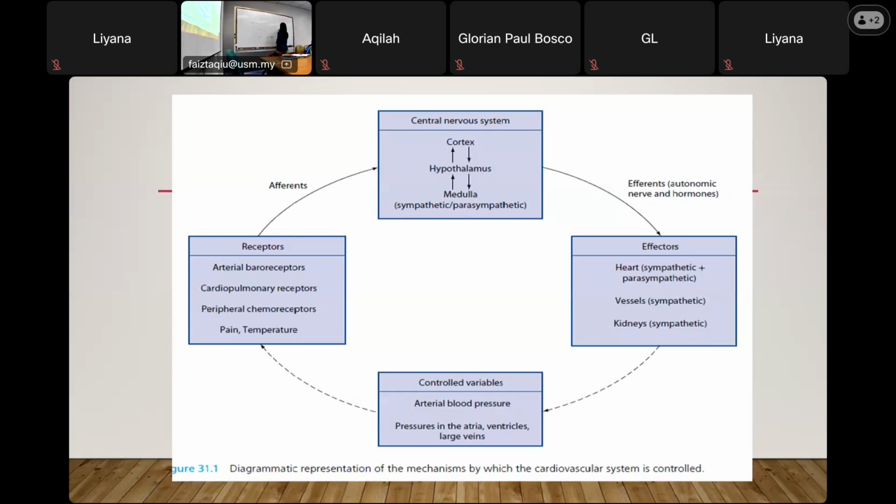Stroke volume, heart rate and cardiac output. You need to have your units. Heart rate. Cardiac output is in mL. Okay. Draw.